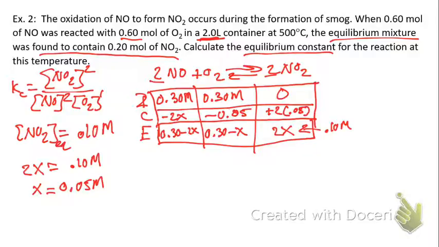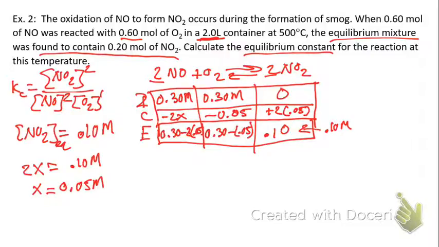I already know what this is, so I'm going to erase that and put in 0.10 now, because I know 2x is 0.10. And I can also plug in x for these two values here. This is going to get kind of squishy here. So this is 0.05 and this is 0.05.